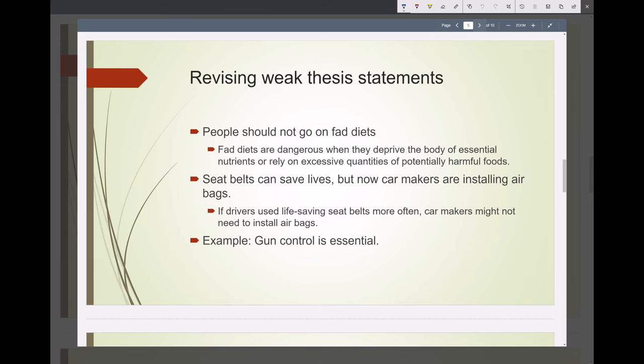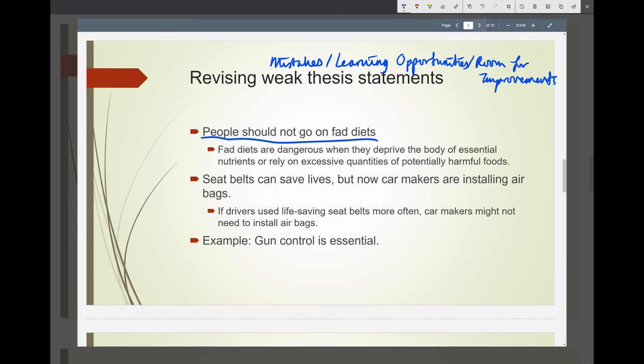So these are sort of, we call them mistakes, or you might learn this word, learning opportunities, or let's say room for improvement. Basically, what these are going to show you is that yes, we can make bad thesis statements, but we can improve on them, we can revise them, which is what we're talking about, a working thesis.